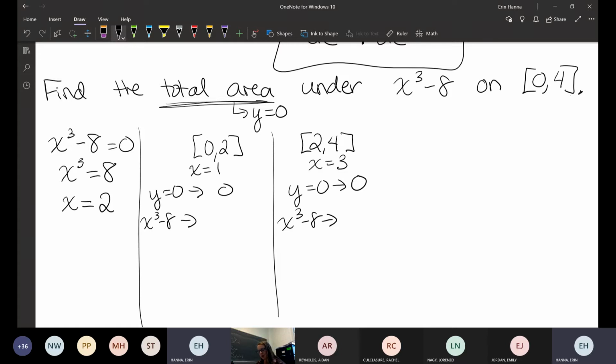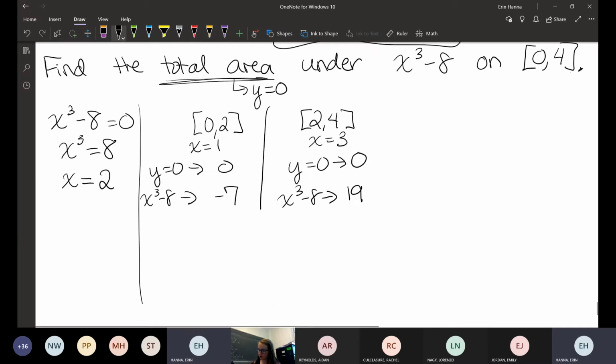So if we plug in 1, 1 cubed is 1, minus 8 is -7. And then 3 cubed is 27, isn't it? Yep, minus 8 is 19. And as always, I'll also do it calculator-wise. X cubed minus 8. Oh, I should know what that looks like.